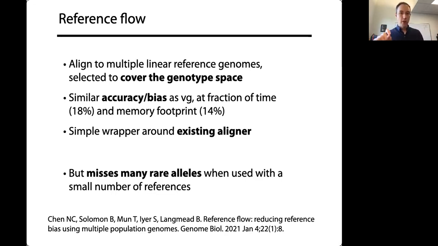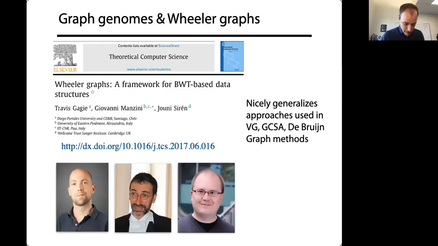Okay. Before I get there, I'll just sum up by saying, I'm going to conclude talking about graph-shaped reference genomes for now. And a wonderful recent advance that's worth everybody's time, and I saw 2 of these 3 authors in the audience when I looked earlier today, is Wheeler graphs, which are a framework that does a good job of generalizing a lot of approaches that have been proposed so far for how to index graph-shaped reference genomes.